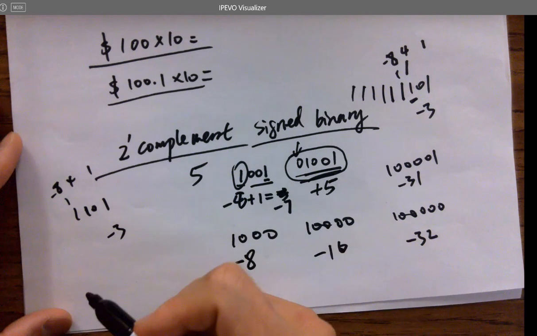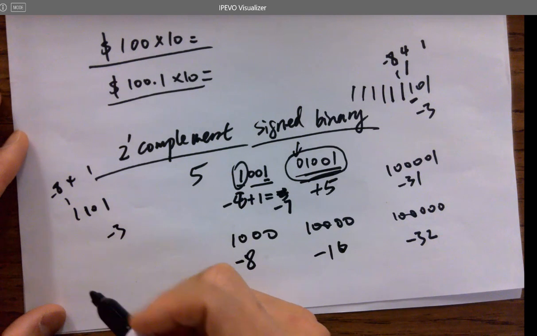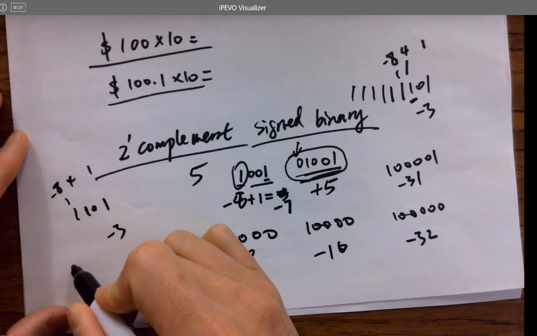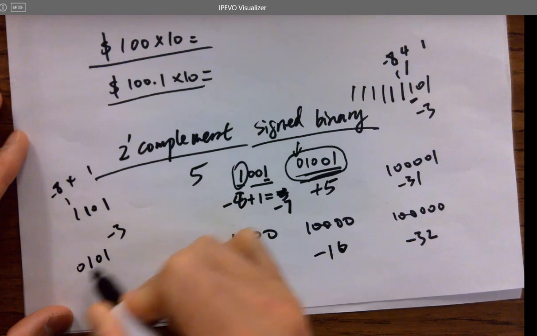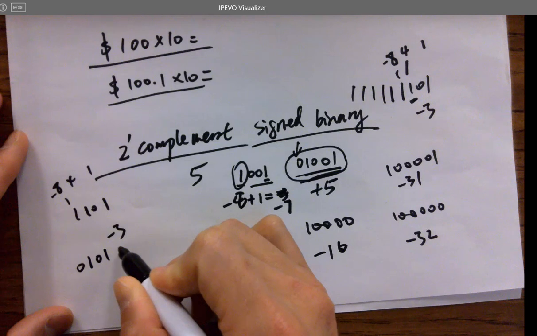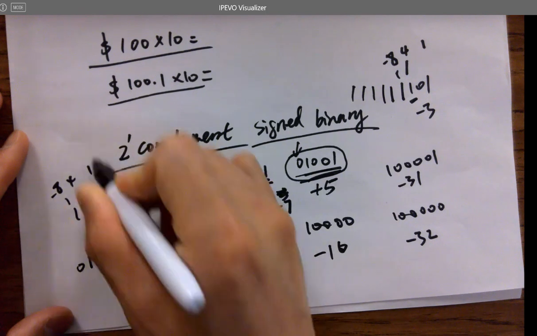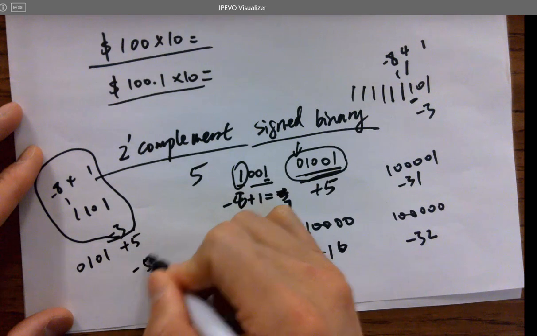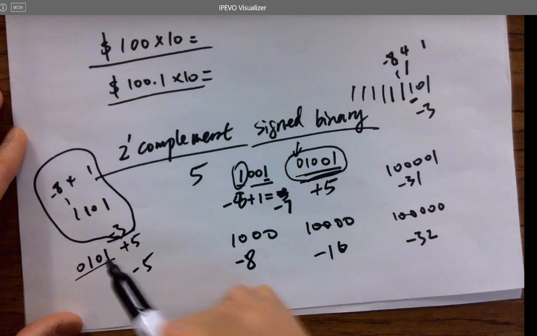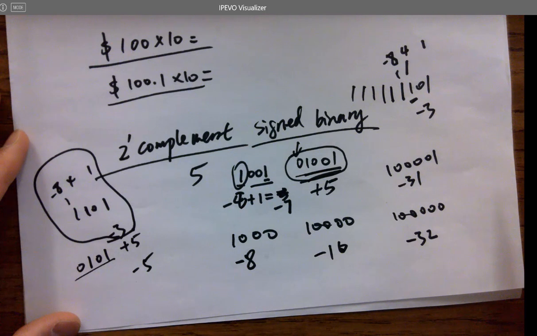But however, if I'm asking you to convert, so this is +5, so you know this is +5, right? And I'm asking you to find out -5 from this. How to do it?